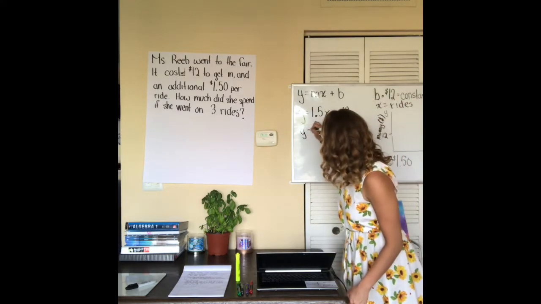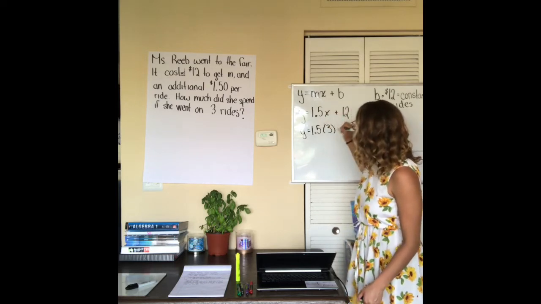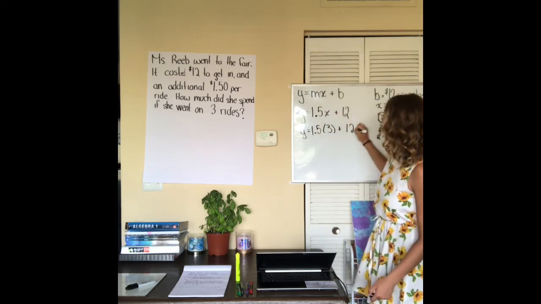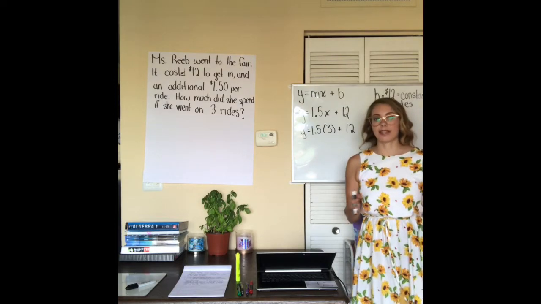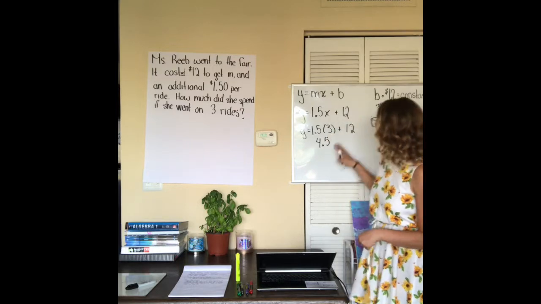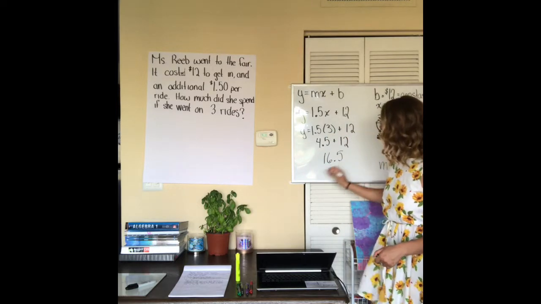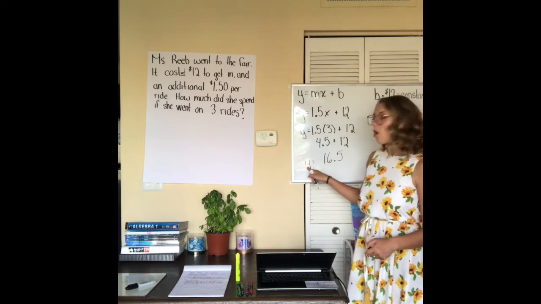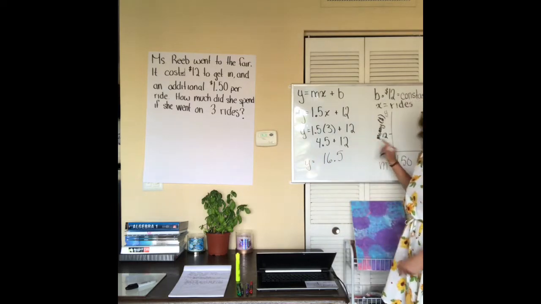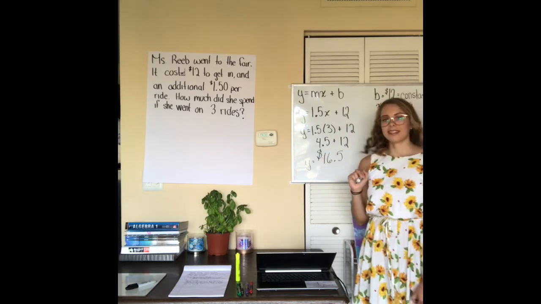So y equals 1.5 times 3 plus 12. Now I can solve using PEMDAS. And I already know that my y values are money in dollars. So I spent $16.50.